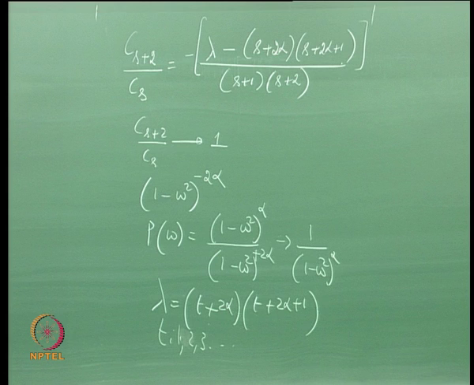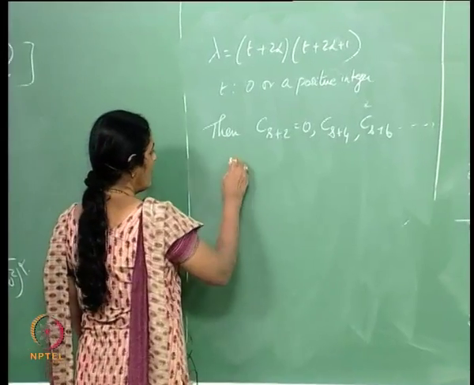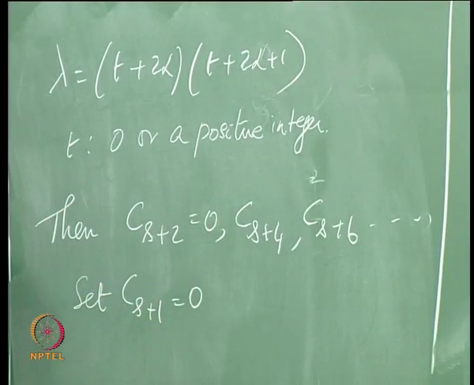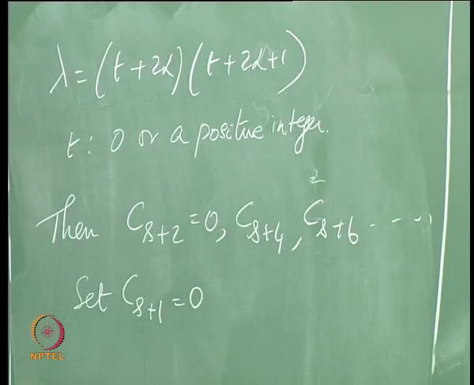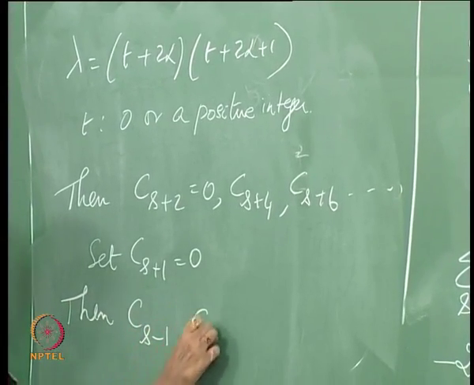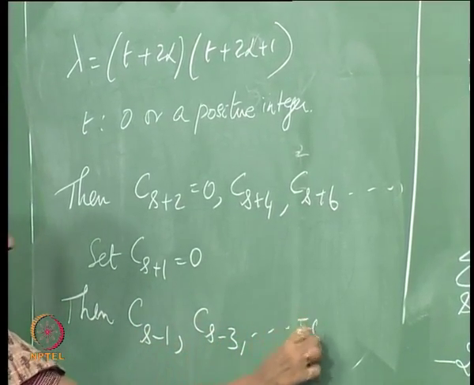In the next stage, Cs plus 4 is something times Cs plus 2, and since Cs plus 2 is 0, all of them are 0. Set Cs plus 1 also to be 0, because you want to truncate the series. Then by the recursion relation, Cs minus 1, Cs minus 3, they are all 0.